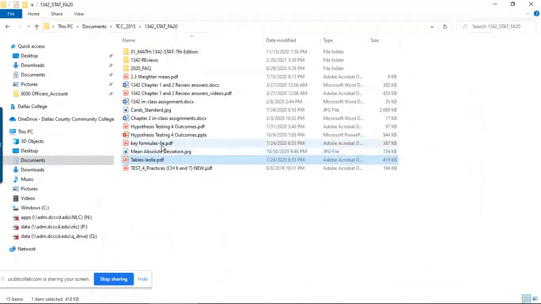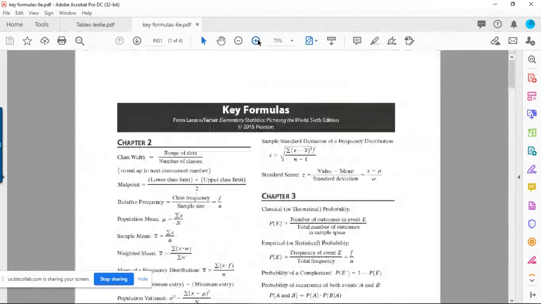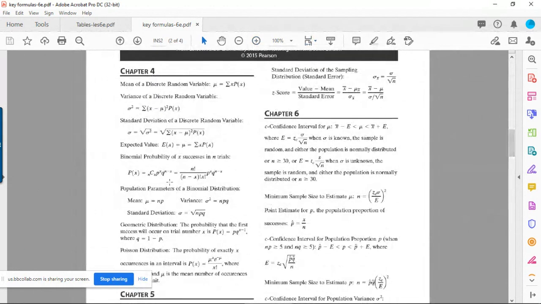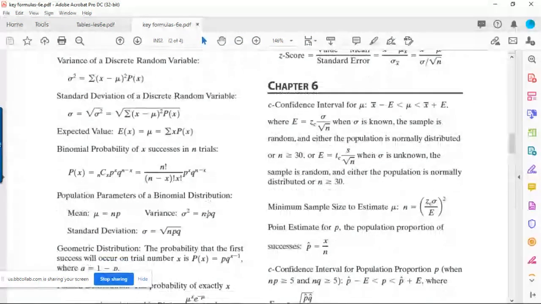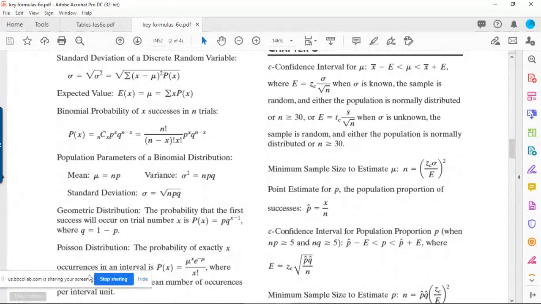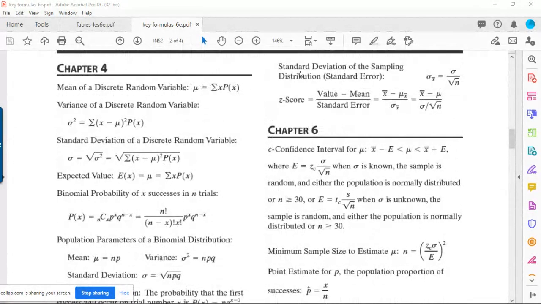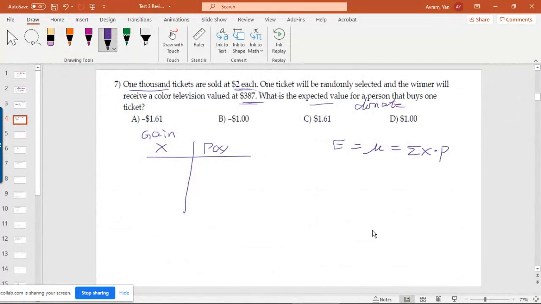If you look at the formula sheet in chapter 4, you have the discrete probability. Again, you can use all these formula sheets for the test, right? The mean of the discrete random variable mu is equal to this one, and the expected value is the same as the mean, okay. So that is the one we use in here.